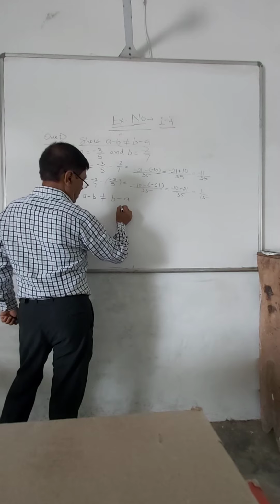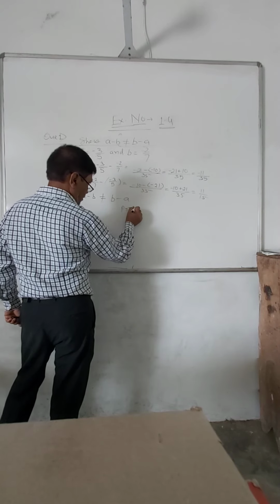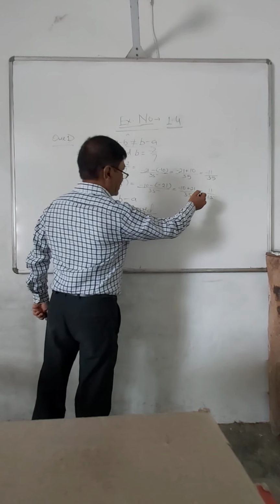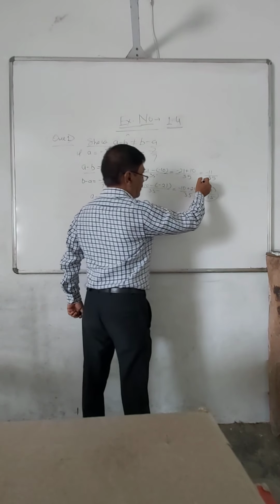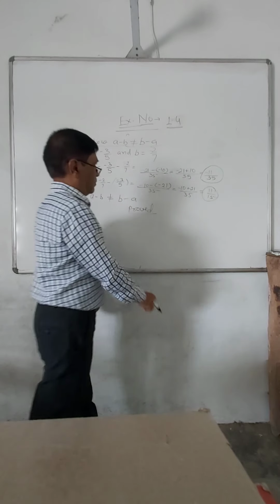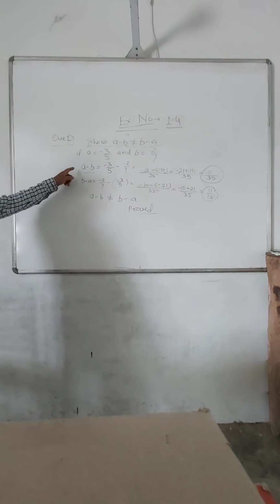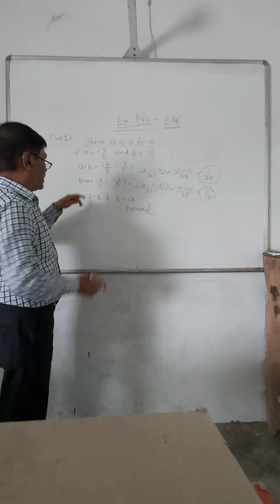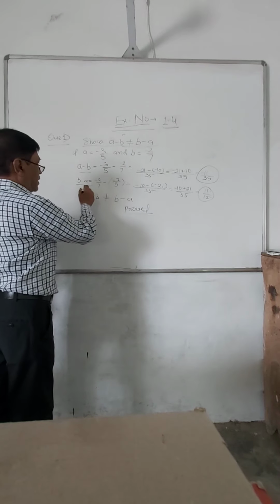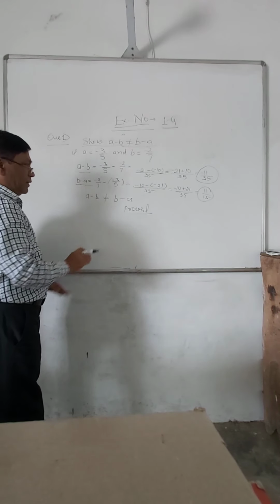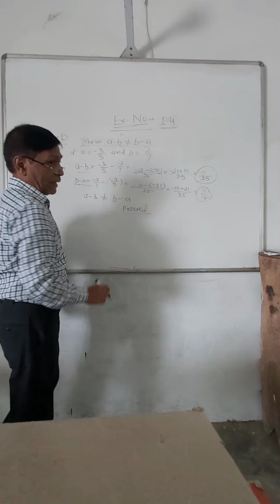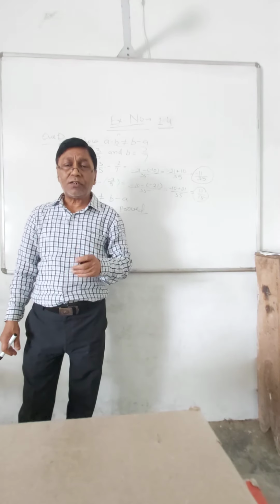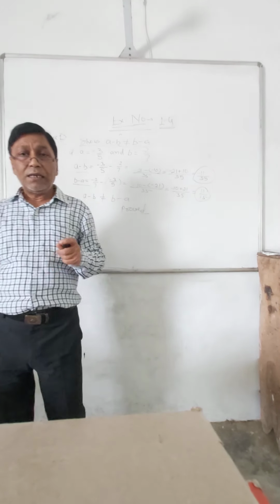This is proved, because the value of b minus a is this much and the value of a minus b is this much. So it is proved that the commutative property is not followed in subtraction.